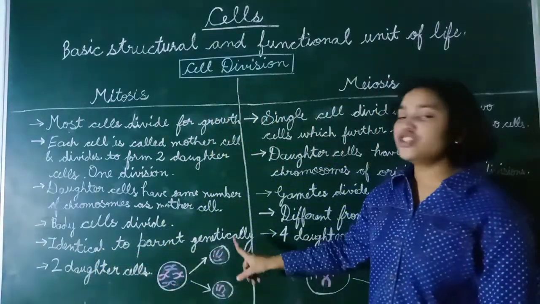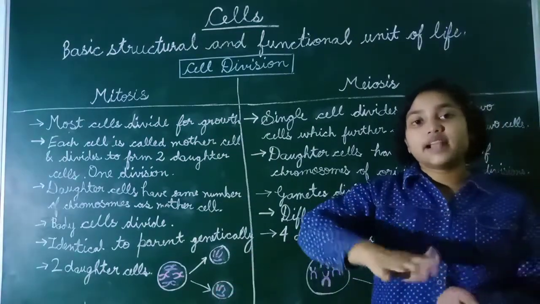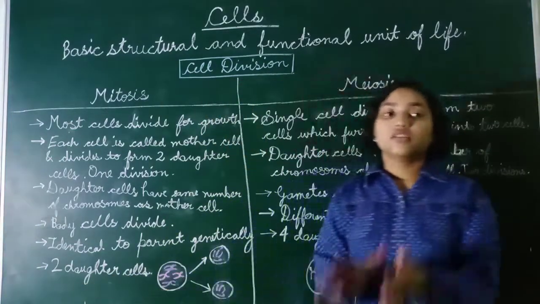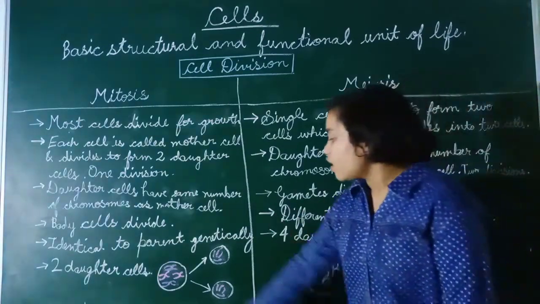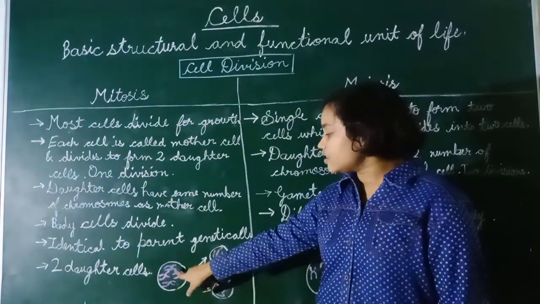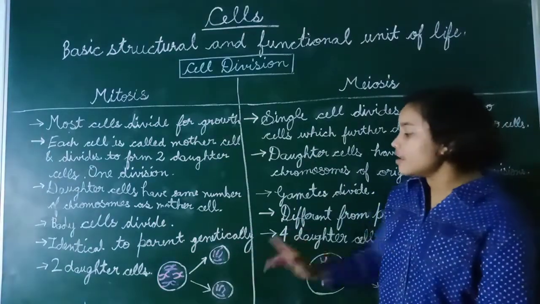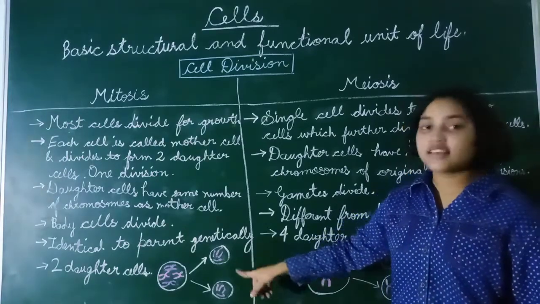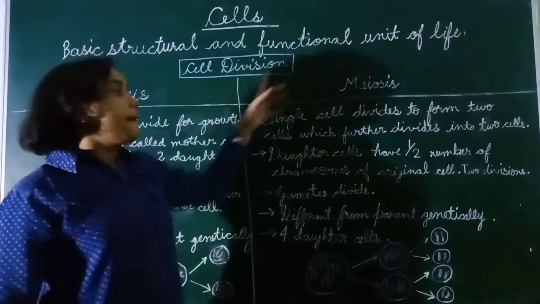The daughter cells are genetically identical to the parent. Just like the mother cell, two daughter cells are produced in this type of division. Here you can see the diagram. The cell has a number of chromosomes, and after dividing, the number of chromosomes remains the same. Now we move to meiosis.